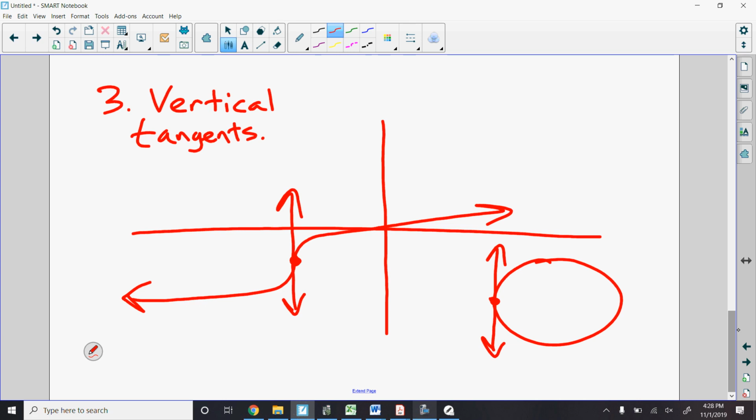And the fourth thing is any kind of discontinuity breaks differentiability.